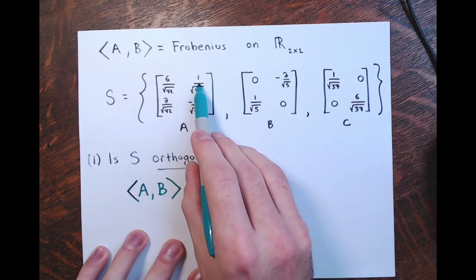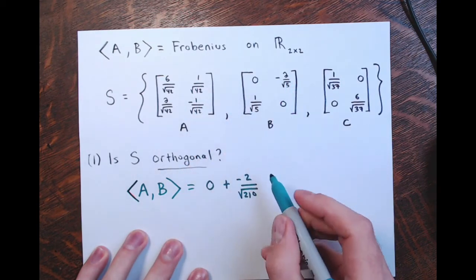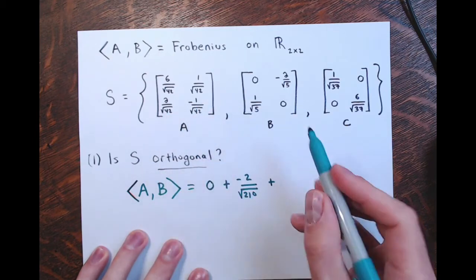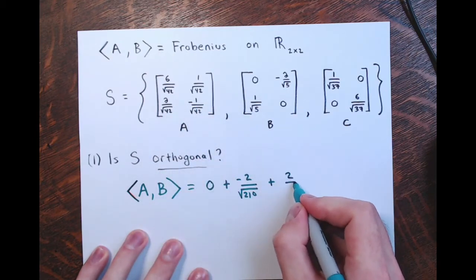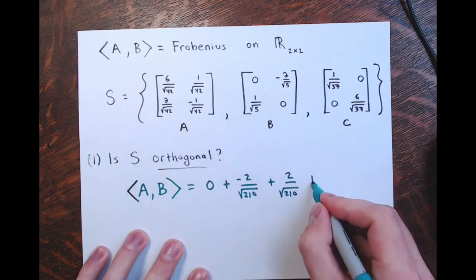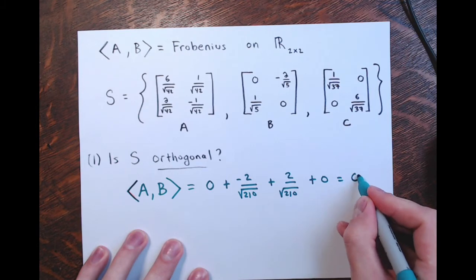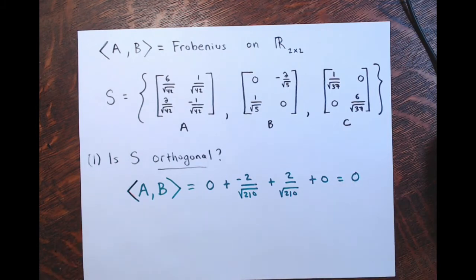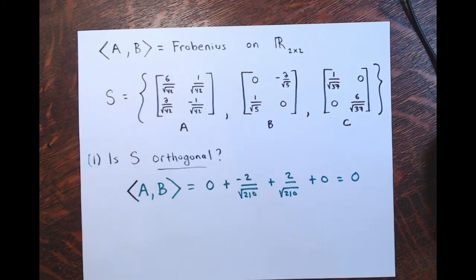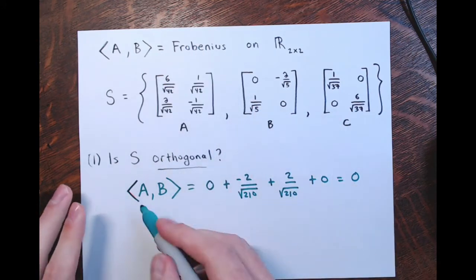I'm going to multiply those components, plus positive 2 over the square root of 210, and then plus 0. And this is equal to 0. So far so good. Right? So A and B are orthogonal under the Frobenius inner product. But that's not all, right? Let's do A and C.